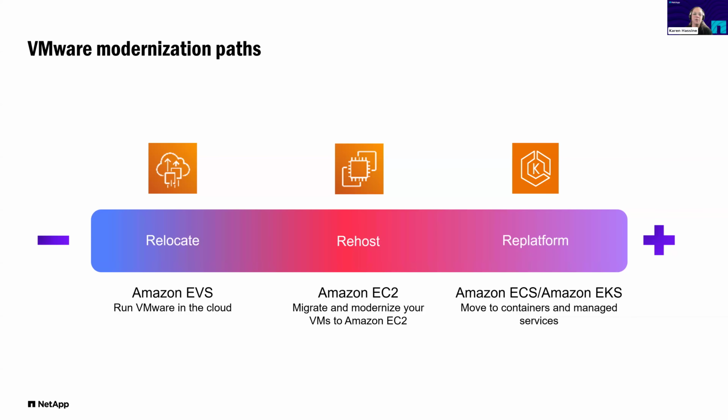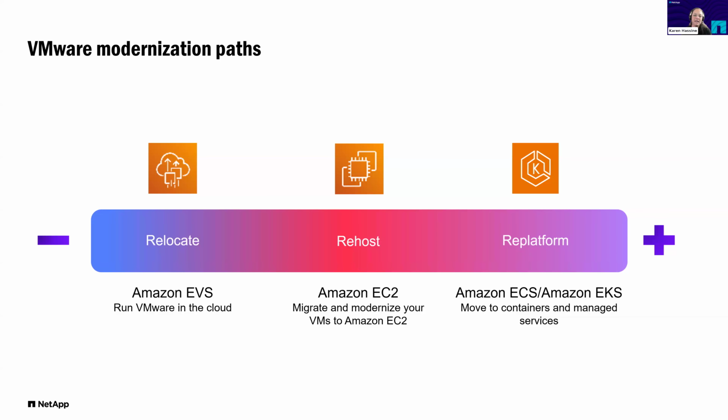So in a previous webinar that we did, we talked about the VMware modernization path. And I just want to refresh for those that were not there. There are different options for VMware workloads that you want to modernize on AWS. The first path and the easiest way is to relocate your workload.